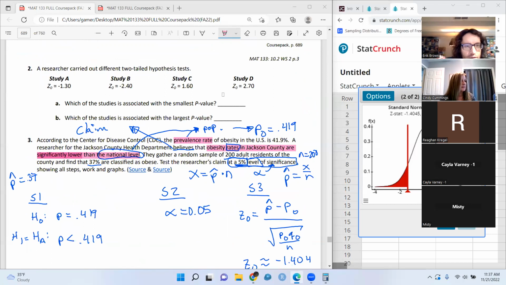Read that carefully. We've got a two-tailed test. That's key. It's important. A two-tailed hypothesis test. So these are the z-values for each of those. The question is, which one will have the smallest p-value and which will have the largest? Try that, and then let's talk about it.